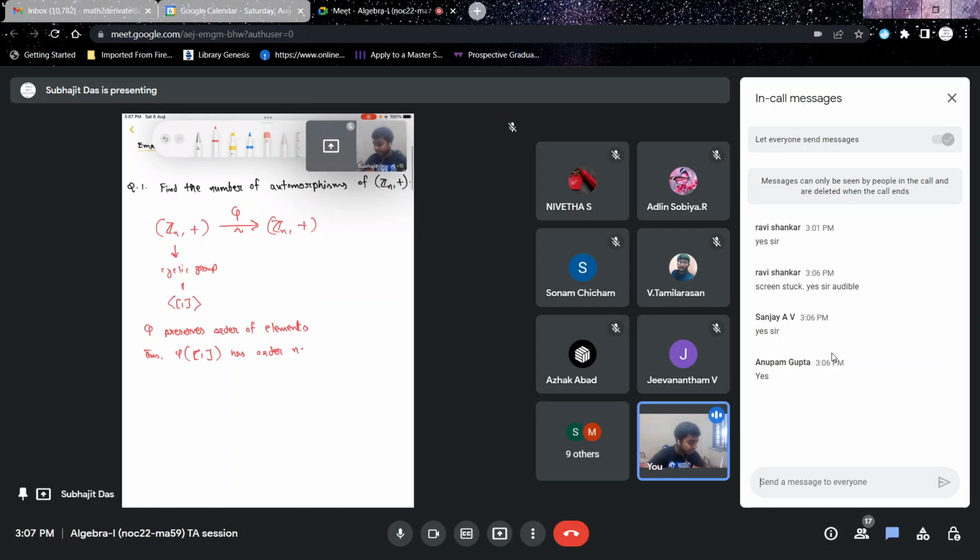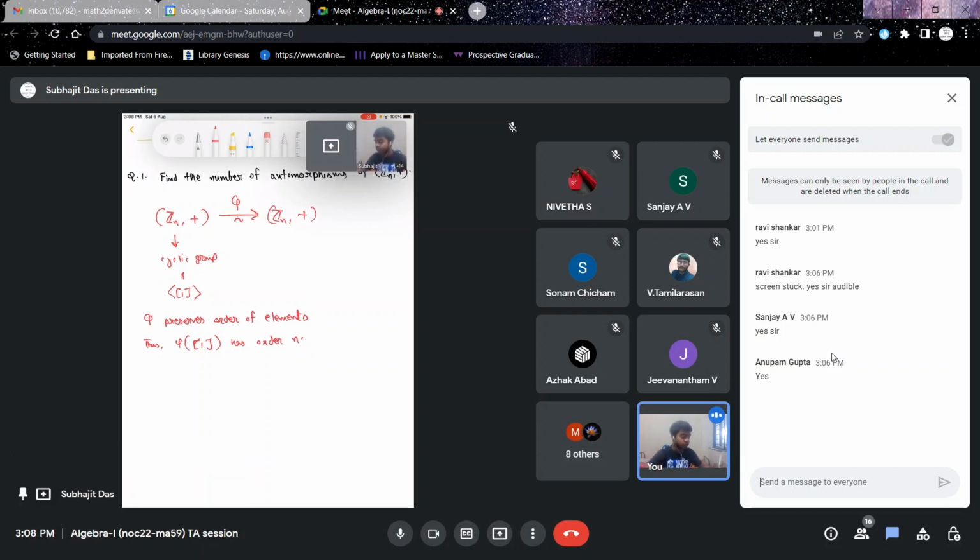So the entire map phi is fully determined by where it takes 1, right? So basically what I'm trying to say is, if you want to find the number of automorphisms of Zn under addition, then that is at most the number of generators of Zn, right? Because every generator of Zn gives you a particular automorphism, right?